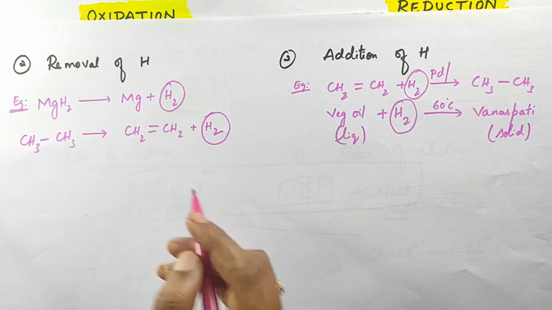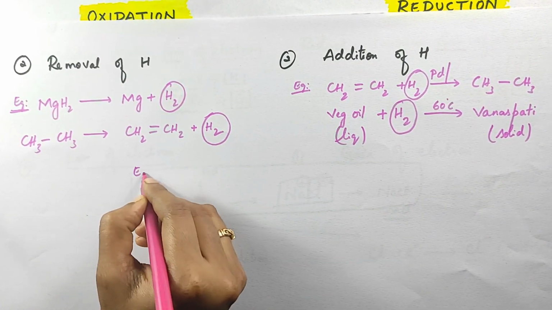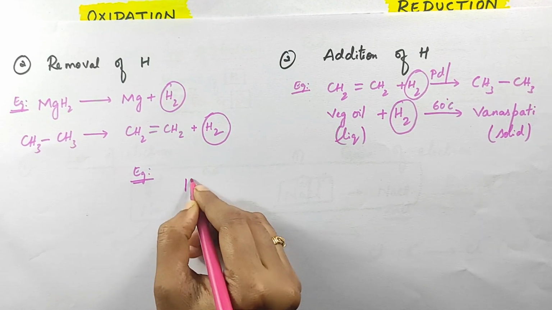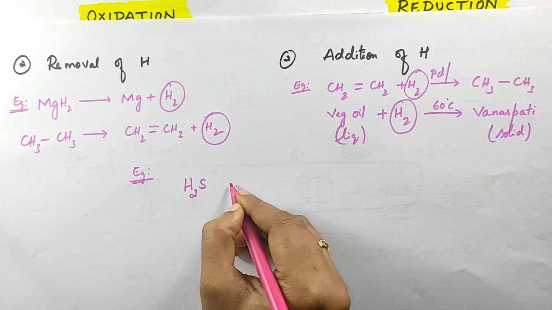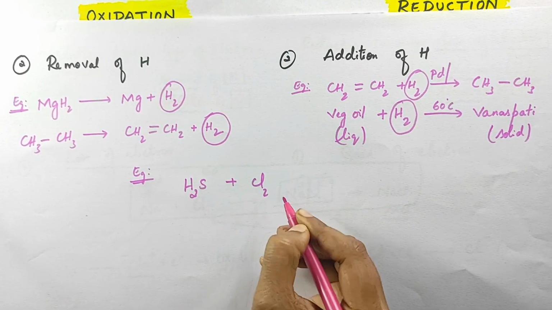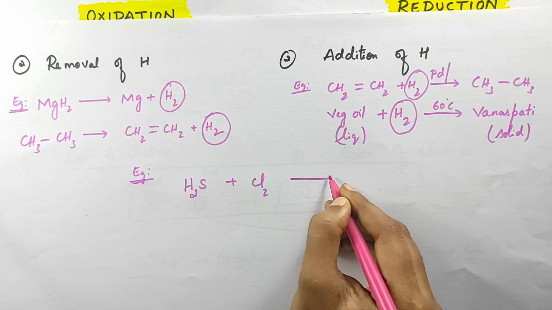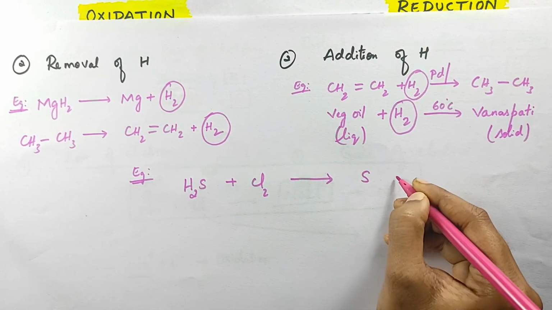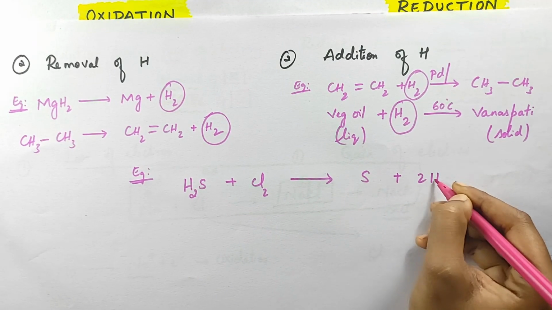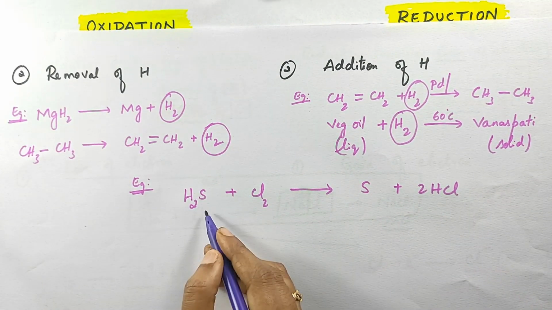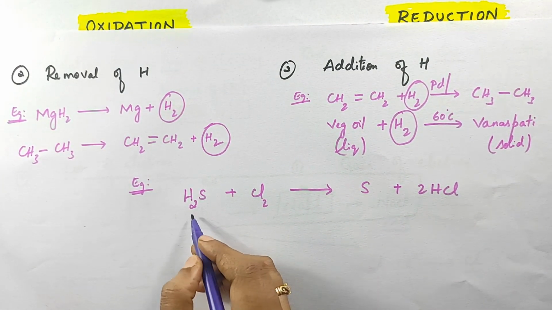So let me give one more example, that is H2S plus Cl2 gives sulfur plus HCl. This is the reaction. Let us see what's happening in this reaction.